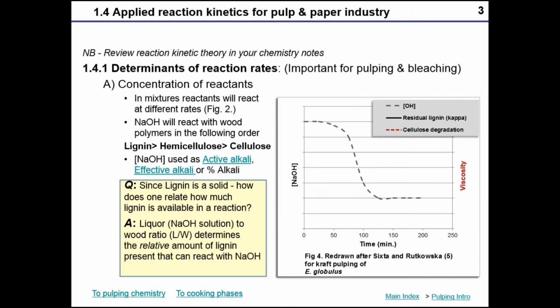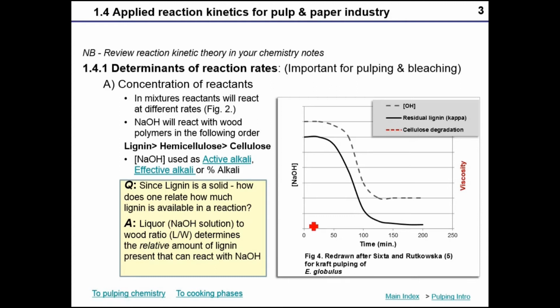Okay, so basic chemistry, we know that as the reaction goes on, the concentration of our reactants will change, and say we use sodium hydroxide as our cooking chemical, you will see there will be a reduction in the concentration of our chemicals, and as we remove the lignin, the amount of lignin that is retained on our wood fibers will change, and we can see that we measure that as a kappa number.